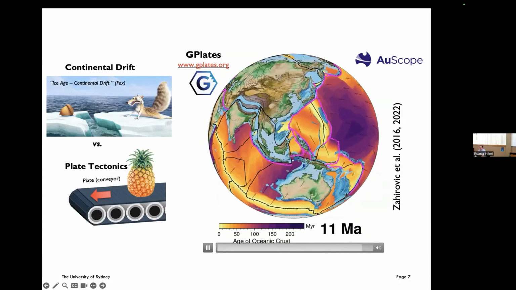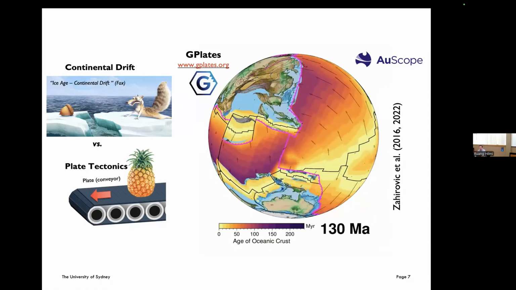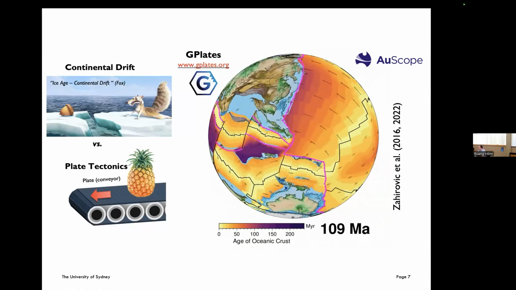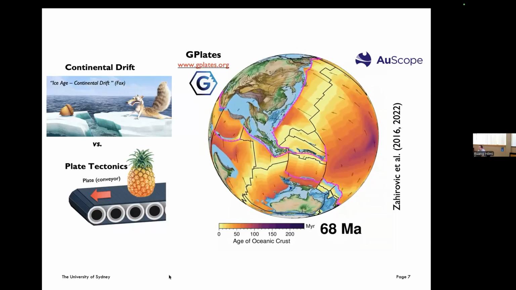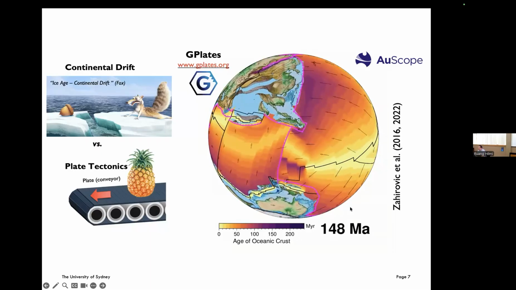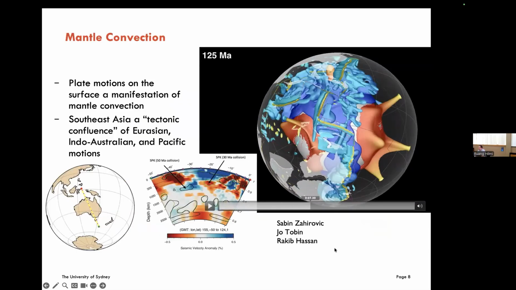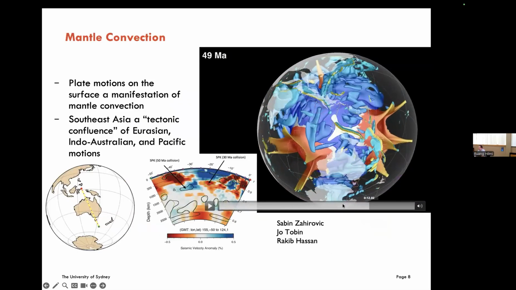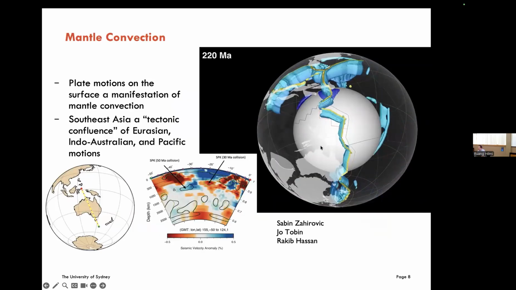And you can then interrogate this model numerically by extracting the velocities, extracting all sorts of other parameters, plate areas, plate speeds, and linking that to many other software codes, which we'll talk about in the next couple of days. Here's just an example of mantle convection that's being run using GPlates velocities on the surface.